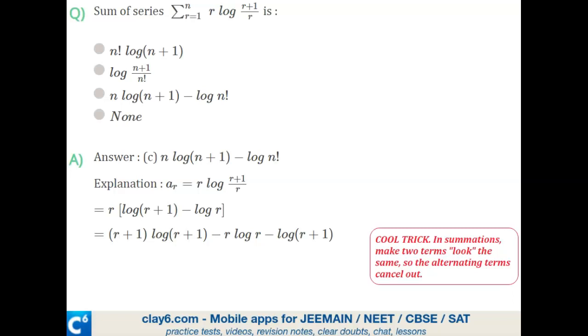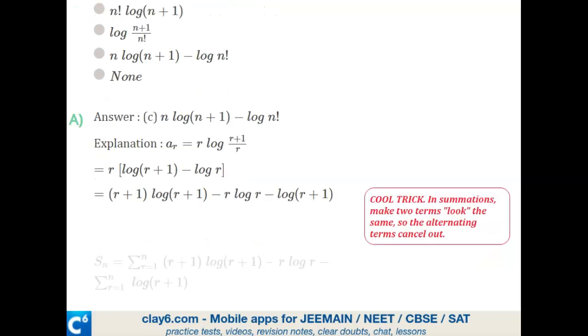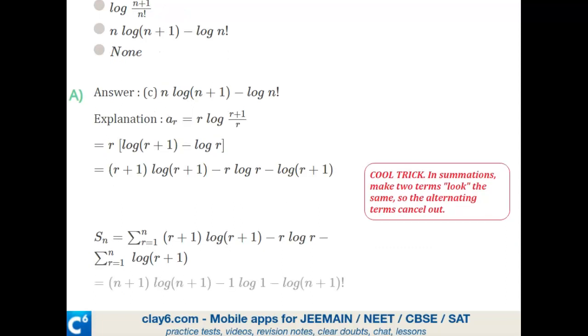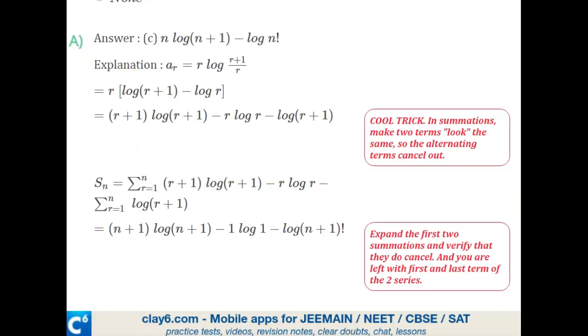So now the problem becomes very simple, because now you just sum it up, and as I said, you expand each of the first two series. They will start cancelling, except for the first and the last terms. Everything else will start cancelling. When you apply r equal to 1, you'll get 2 log 2 minus 1 log 1.